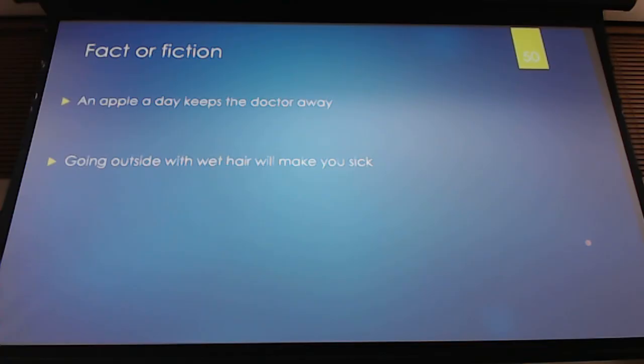And at the end of this study, they did in fact find that the LDL and HDL numbers were much better after this apple a day. So yes, it may not keep the doctor away, but it certainly promotes a healthier lifestyle and affects LDL and HDL, which ultimately affects your cholesterol. So that is in fact true.